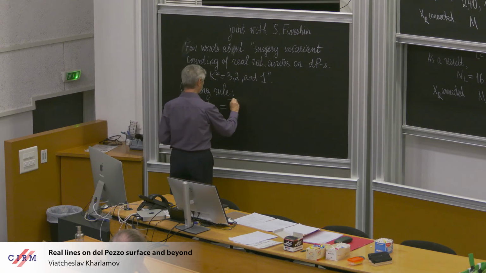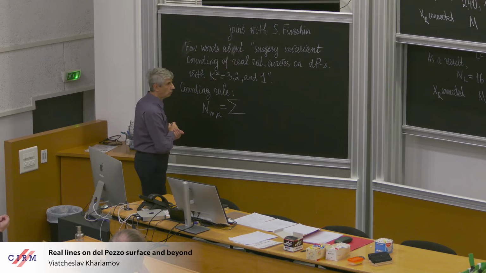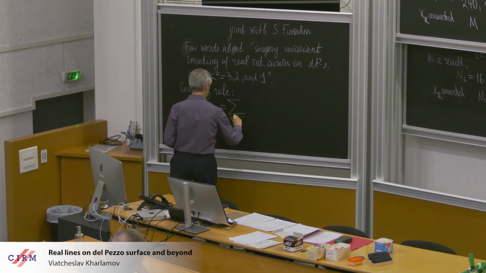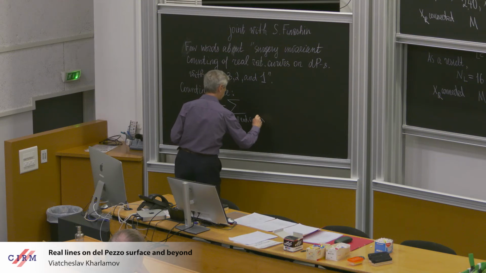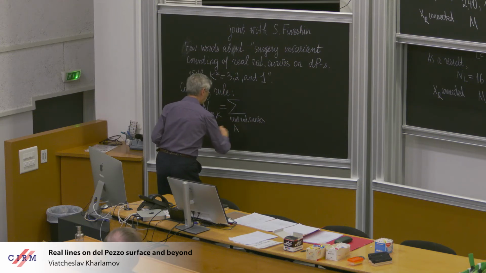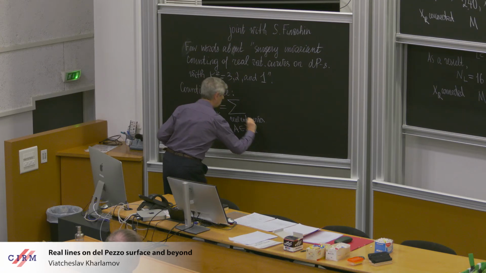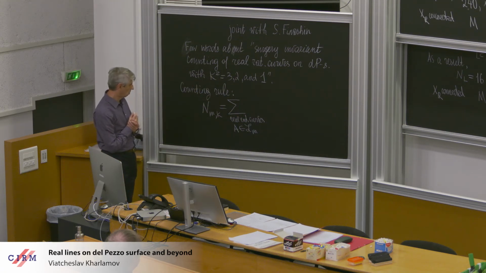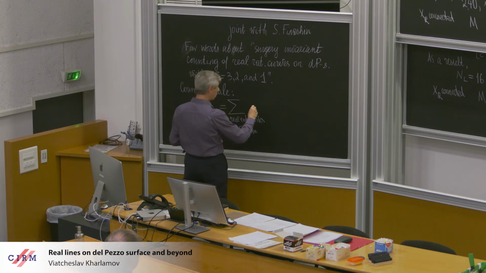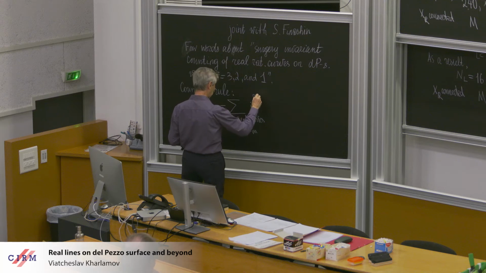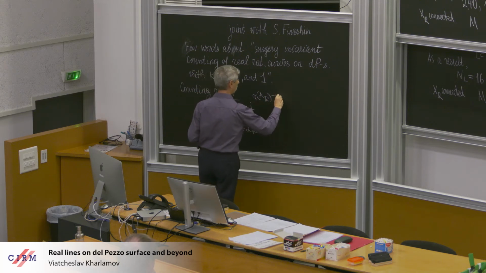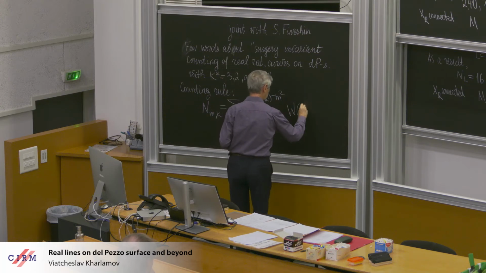So it will be the sum over some real rational curves A belonging to some level, and here it's the square root of -1, Q to the power r minus m square, W of A.